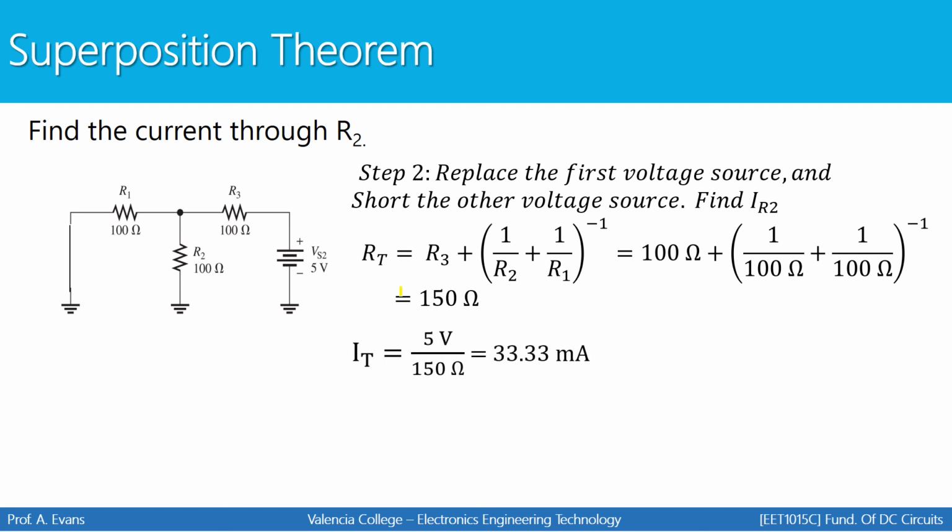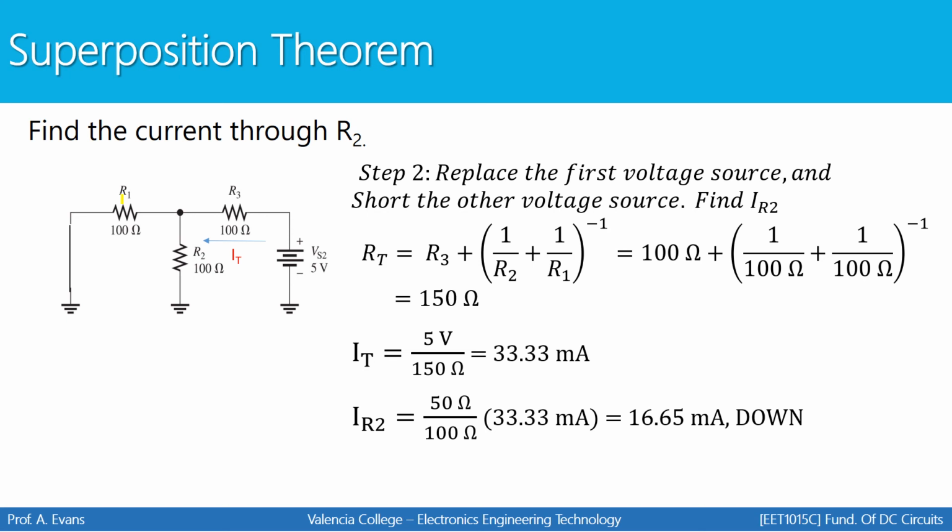Next, we can find the total current in the circuit, which will be 5 volts divided by 150 ohms. That'll give you 33.33 milliamps. So now we know that the total current in the circuit is flowing this way, and then it splits between R2 and R1. Next, I'm going to perform a current divider to figure out how much current went through R2.